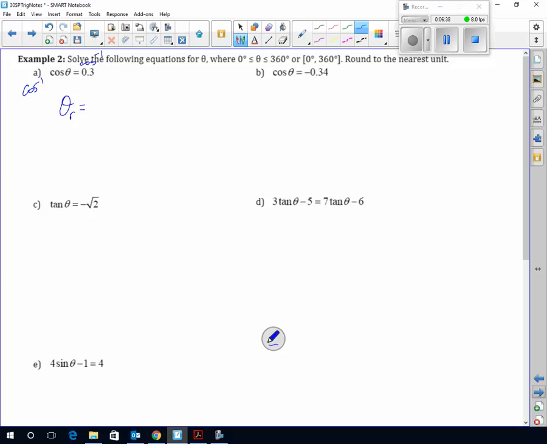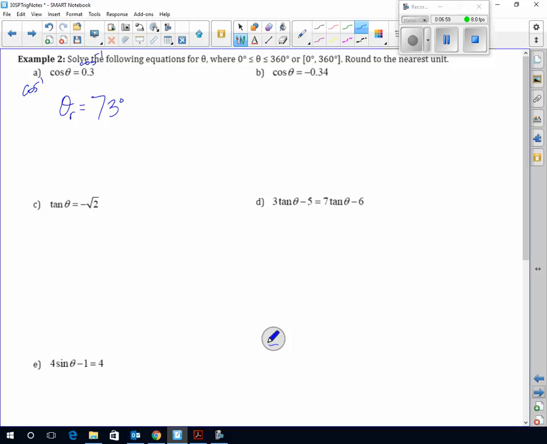Now, when you do one whole rotation from 0 degrees to 360 degrees, cos is positive 2 spots. Yes? So my reference angle is just going to tell me how to get the 2 spots. So, where's the first spot?